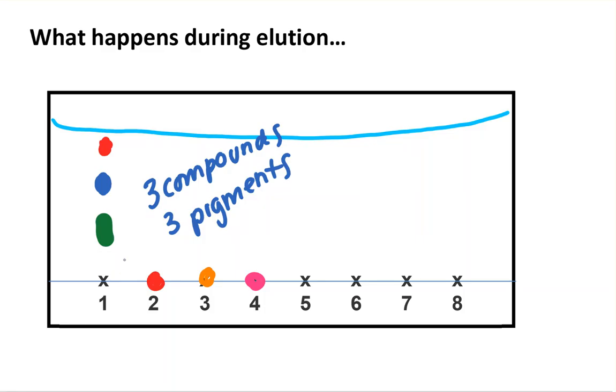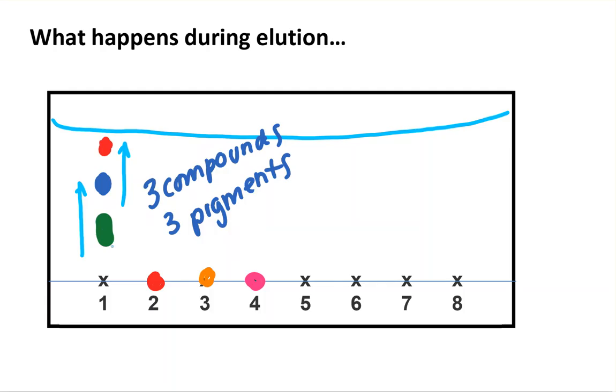Anyway, we could also say that this red compound is more attracted to the solvent than it is to the paper. That's a way to think about why it traveled up, because if these solvent molecules are really attracted to the molecules in the pigment, the pigment will just move right up with them, and they'll kind of jump in the stream and move up to the top.